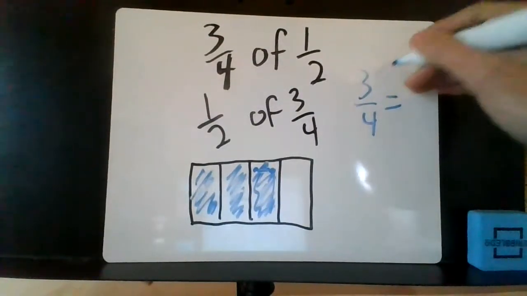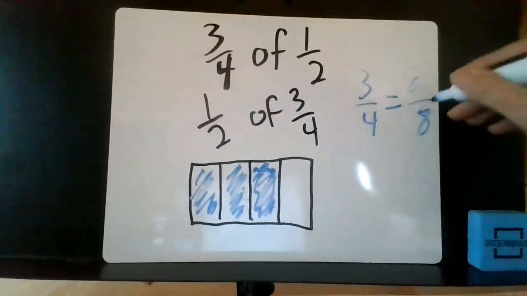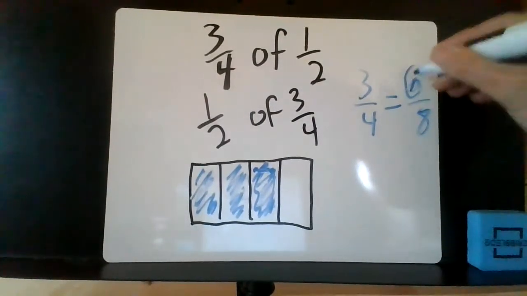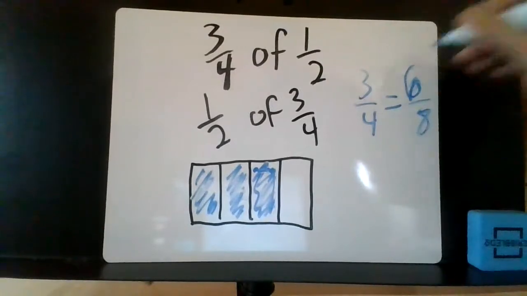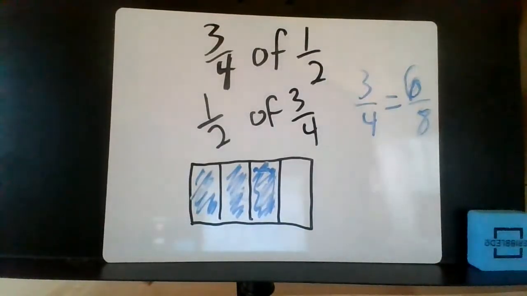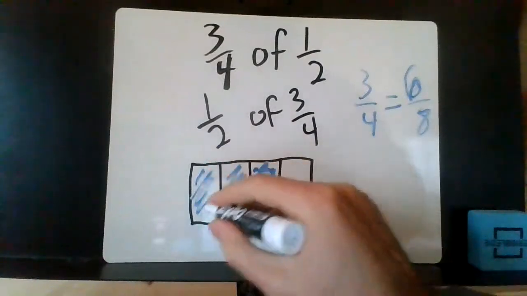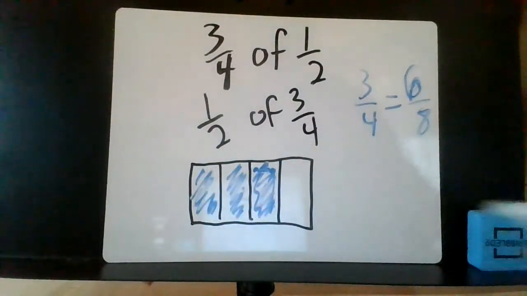You can multiply both the numerator and the denominator by 2, and you could write it as 6/8, because now the numerator 6 can be split in half. And basically all that looks like visually is, right now I've got 3 out of 4 sections shaded in.